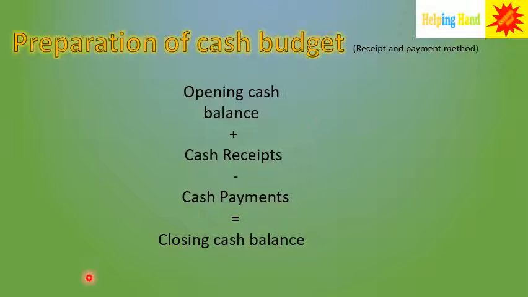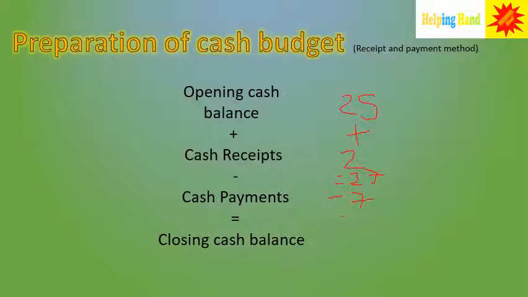So 25,000 of opening balance we shall have, to which we shall add our cash receipts, maybe 2,000, which we are likely to get in that month, which will be our total receipts, that is 27,000, from which maybe our payments shall be 7,000.